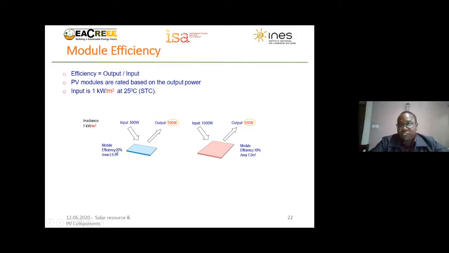With the efficiency of 20%, you are able to get a power output of 100 watts from that module.